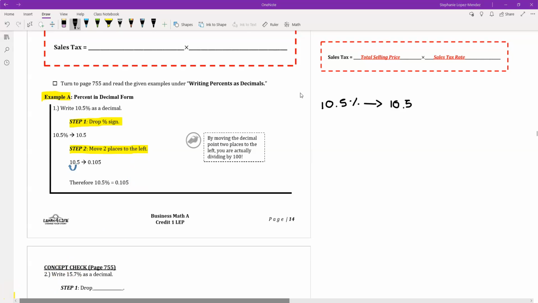In this case, after dropping the percent sign, we got 10.5. How are we going to move the point 2 places to the left? I will move it 1, 2.